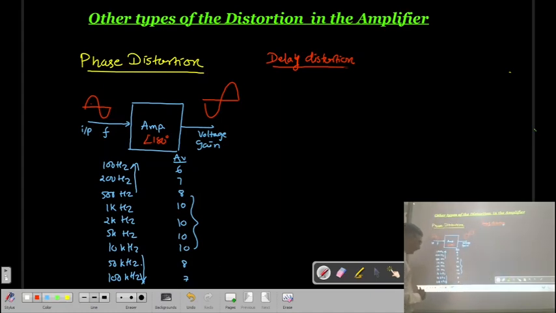So here, a typical value of the phase difference will be like this.